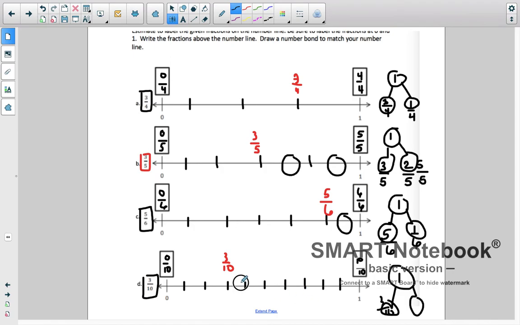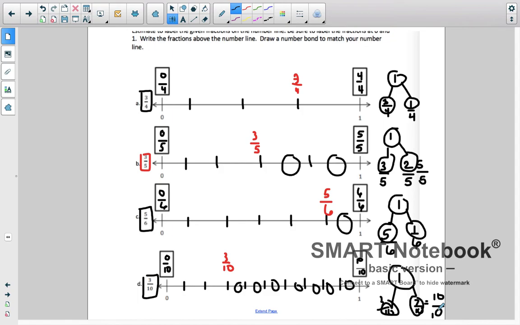All right, so let's count the spaces. 1, 2, 3, 4, 5, 6, 7. There's 7 spaces, so that's going to be 7/10. And again, I should get to 10/10. 3 plus 7 equals 10. So it'll be 10/10. And that's how we do our number bond.